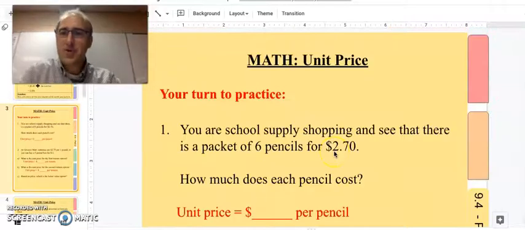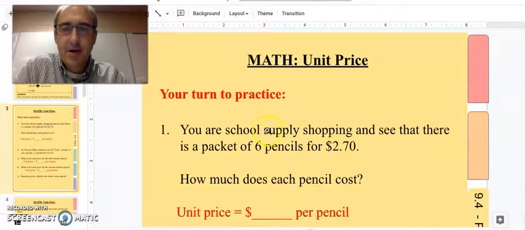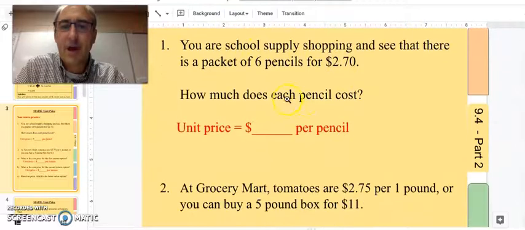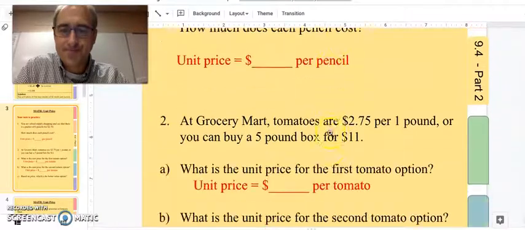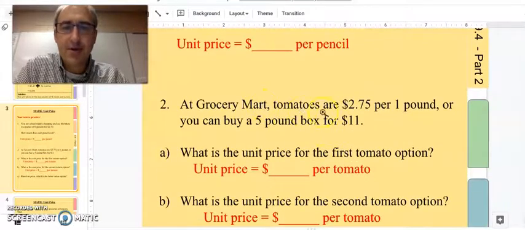Now it's your turn to practice some of these. You're school supply shopping and you see that there's a 6-pack of pencils for $2.70. How much does each pencil cost? Remember, it's dollars per pencil. Dollars divided by pencil. At the grocery mart, tomatoes are $2.75 per pound, or you can buy 5 pounds for $11.